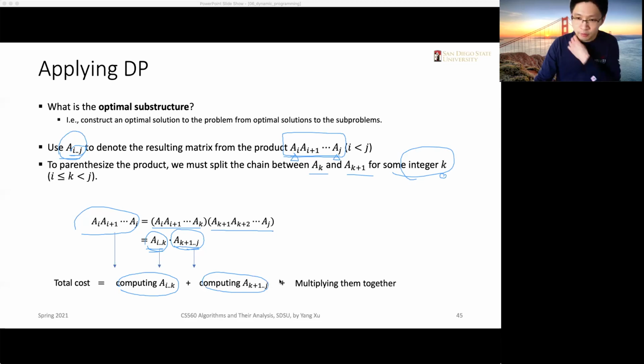And we need to remember that the red part is a matrix, and the green part is also a matrix. So if we multiply these two matrices together, there's some additional cost for multiplying them.